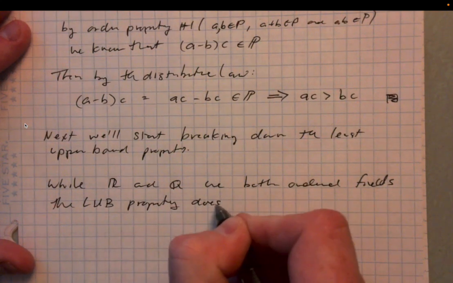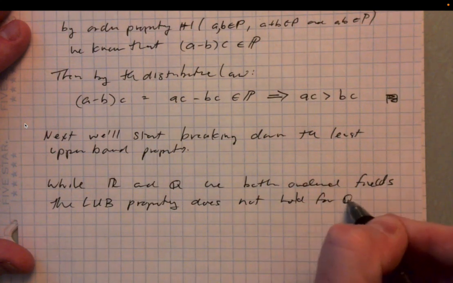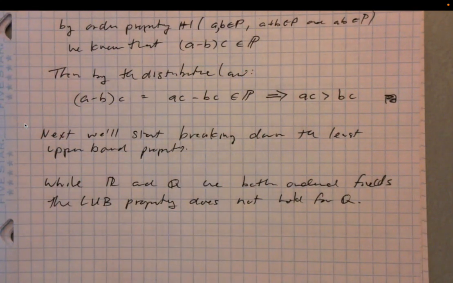So it does not hold for Q. So Q is an ordered field, but R is very special. There's something going on with R that isn't there for Q, right? And that something kind of boils down to this least upper bound property.